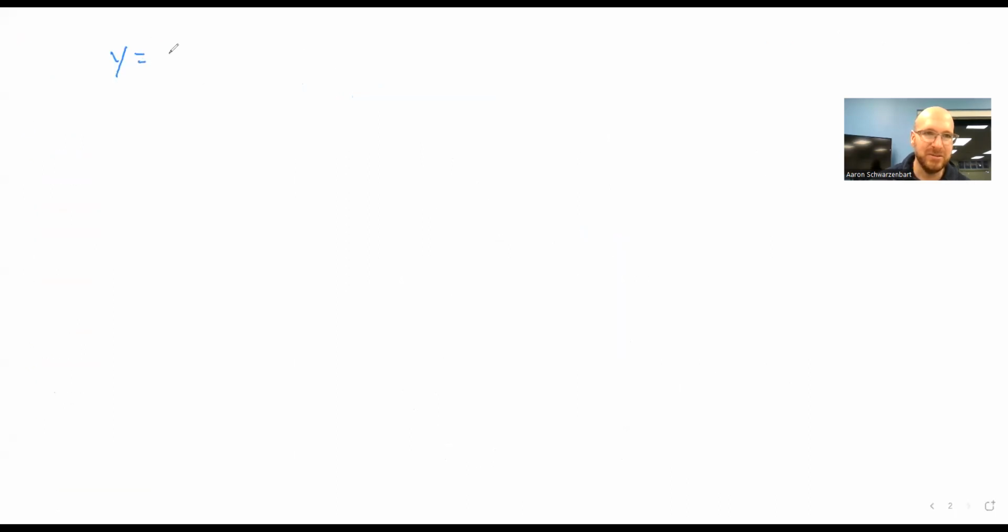So here I've got y equals cosine of x. And I can look at the original for horizontal line test because that turns into vertical line test. We'll do a different color here.